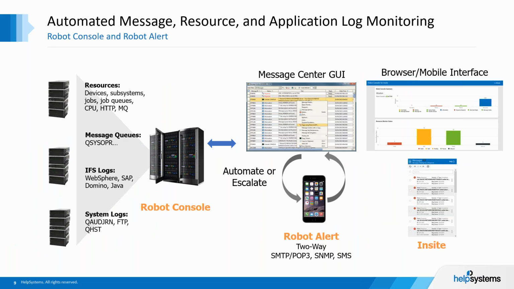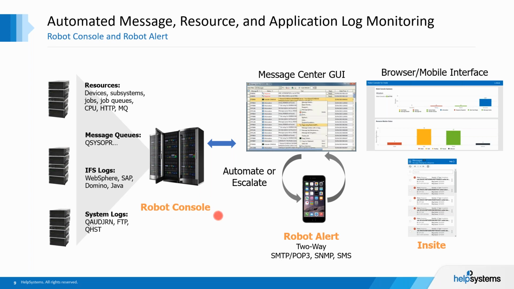All right, so let's talk a little bit about the architecture of Robot Console and where Robot Alert fits in. So Robot Console got its name from the old system console days, and it's exactly what Scott was talking about just a moment ago, where literally we had a customer down the road who was manually monitoring their system via 6 different system consoles.